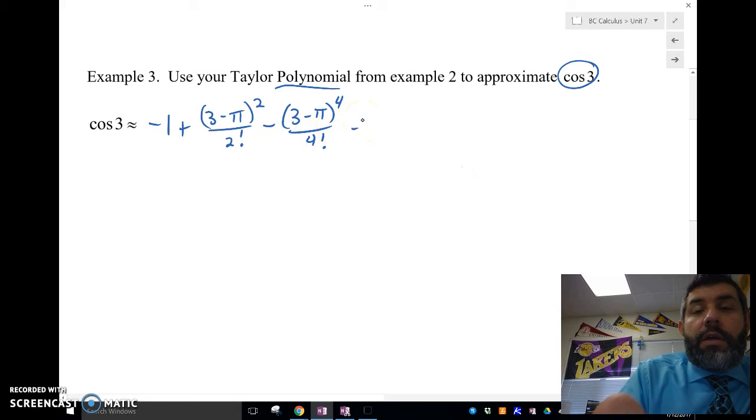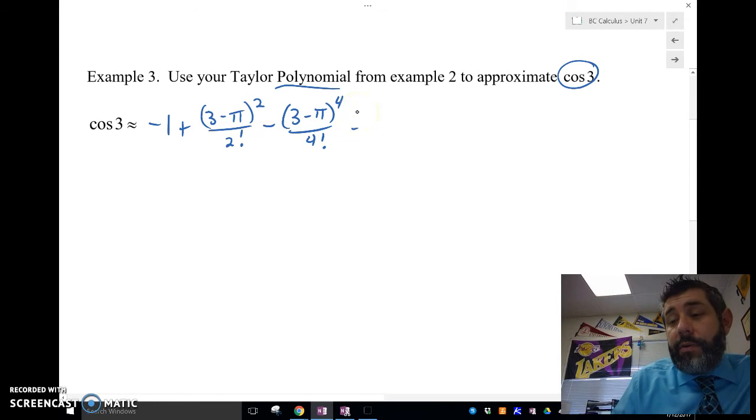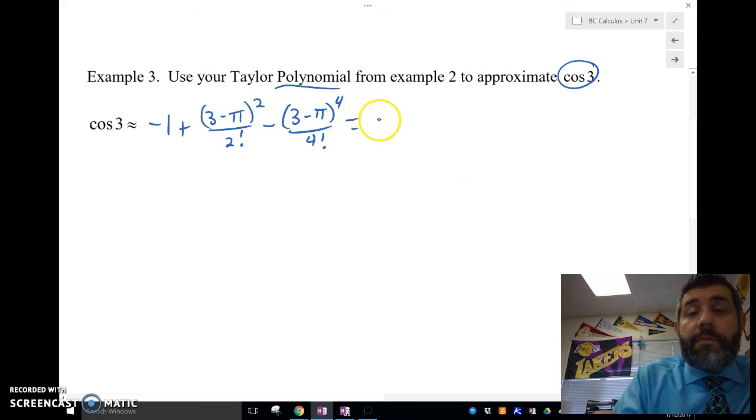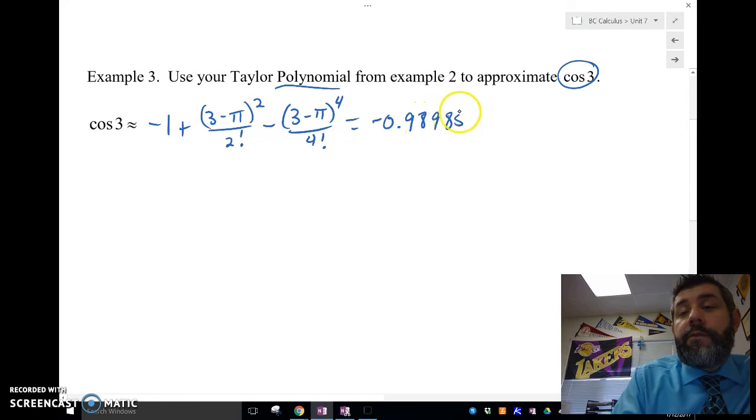Okay. And we'll go ahead and plug that in our calculator. And we're going to get negative 0.989857.